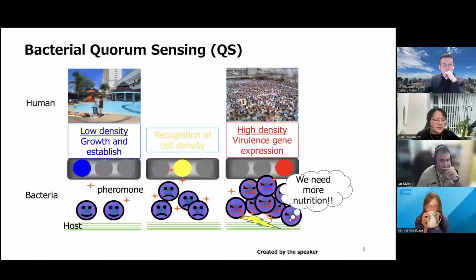As humans, we can recognize congestion with our own eyes. When we are in a private pool, we feel very relaxed like this, but in a crowded space like this, we feel stressed and find it hard to interact with others. Similarly, bacteria secrete pheromone-like peptides to sense their density.